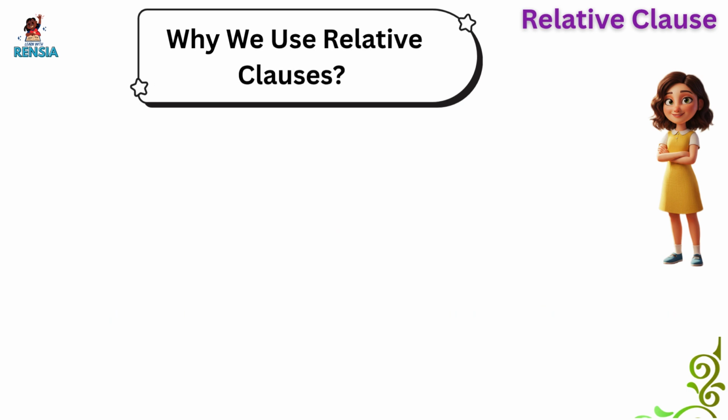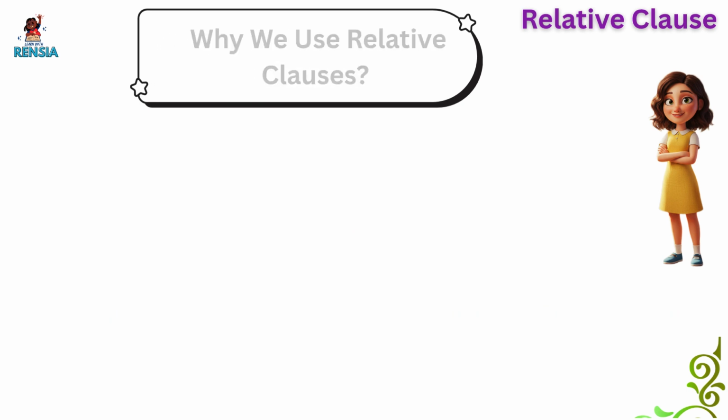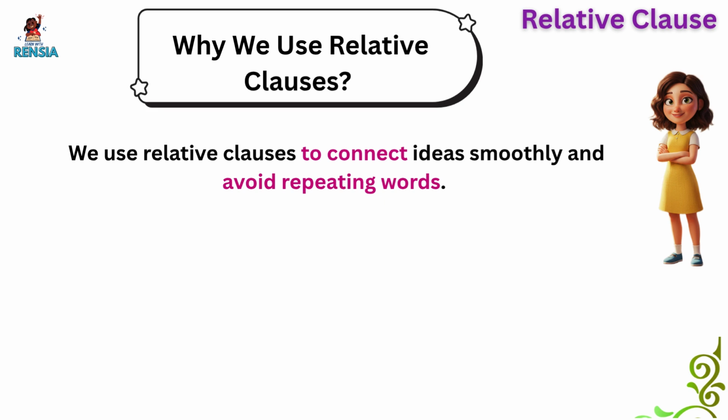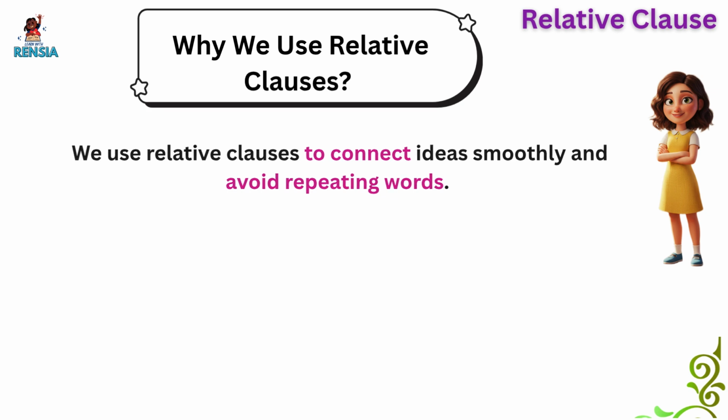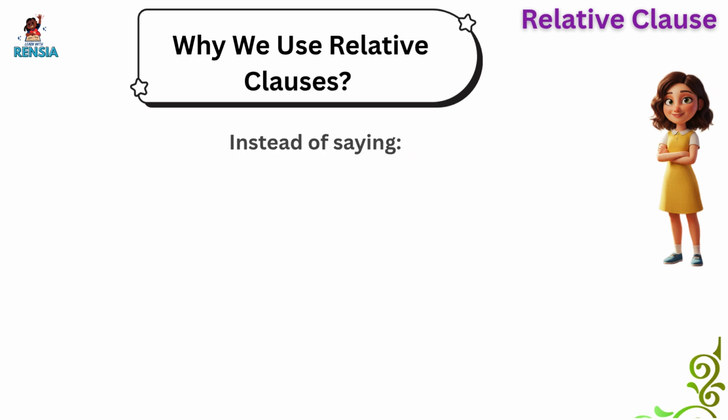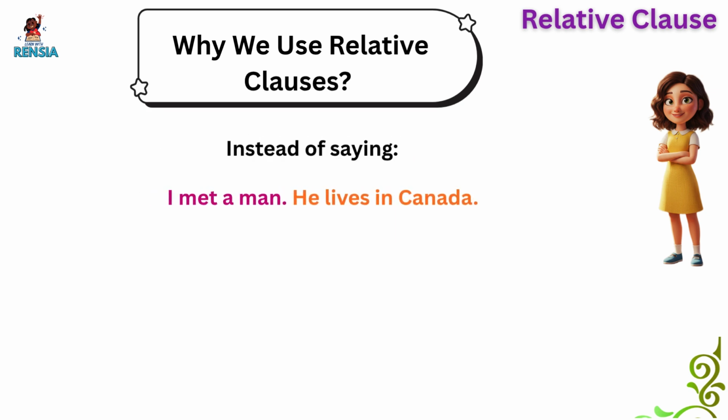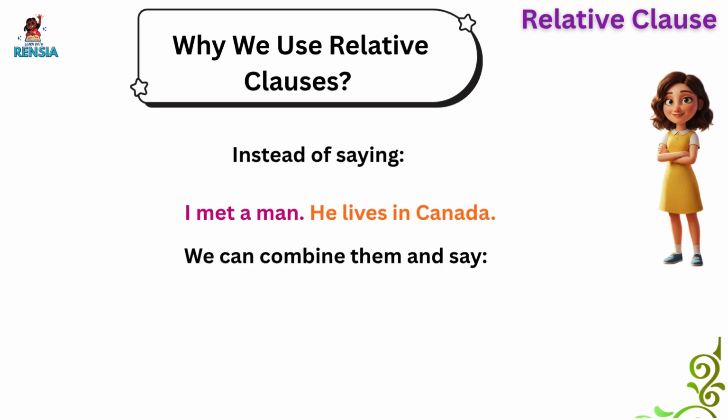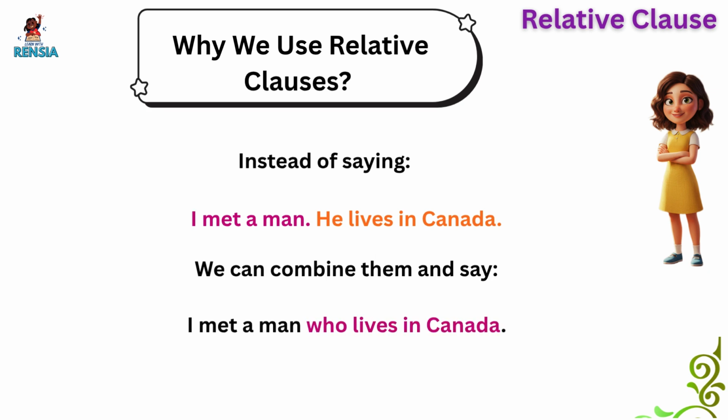Why do we use relative clauses? We use relative clauses to connect ideas smoothly and avoid repeating words. Instead of saying, "I met a man. He lives in Canada," we can combine them and say, "I met a man who lives in Canada."